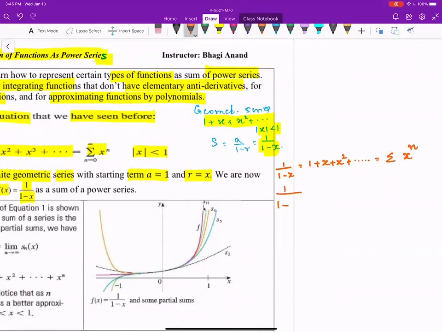So whatever x is, if I replace this x by some box, then you can consider this as 1 plus the box, then the box squared, the box cubed, in the expanded form, which is equal to sigma, whatever goes inside the box, to the power n.